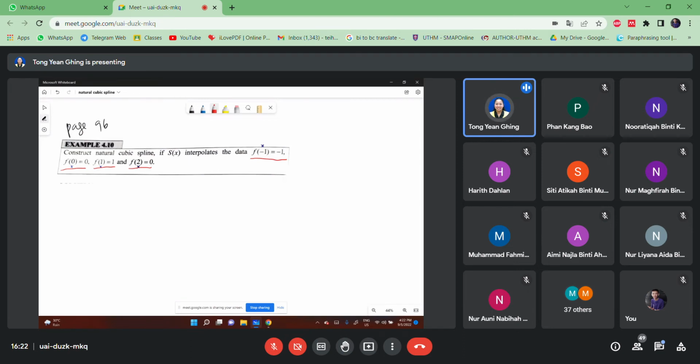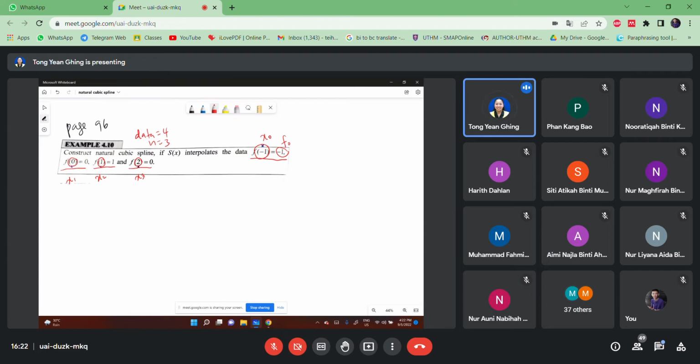So this is x0, f0, and this is x1, x2, x3. So we have 4 data points, n is 3.